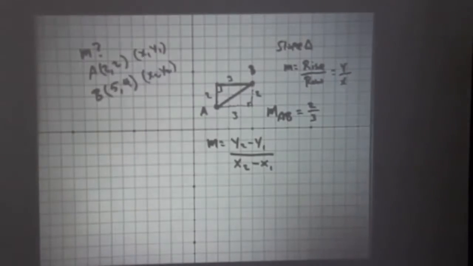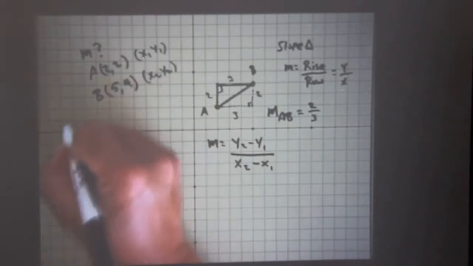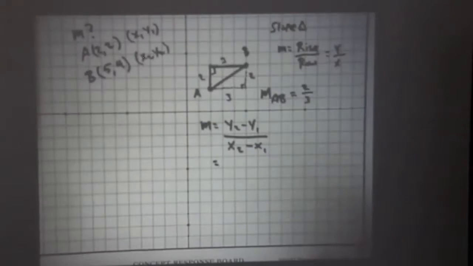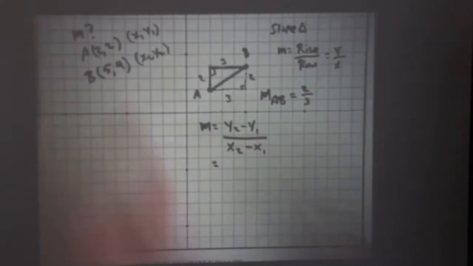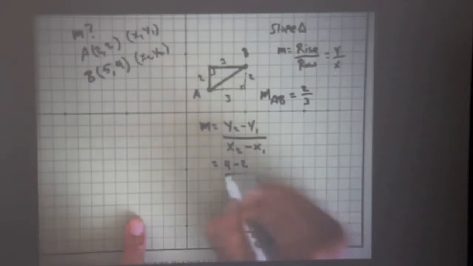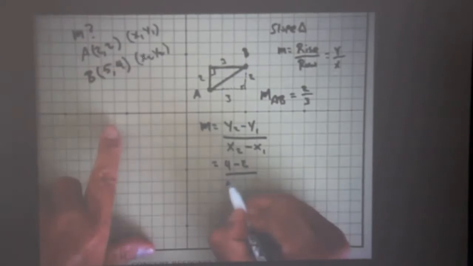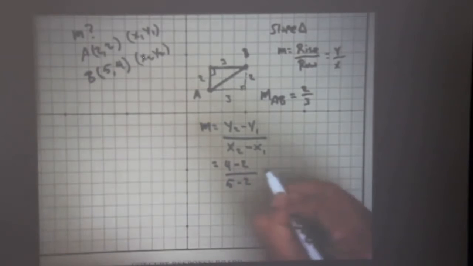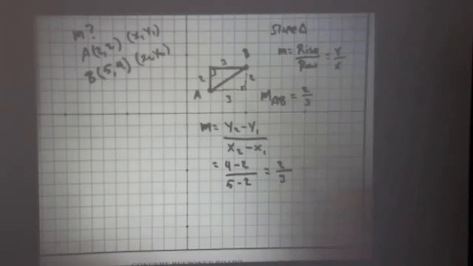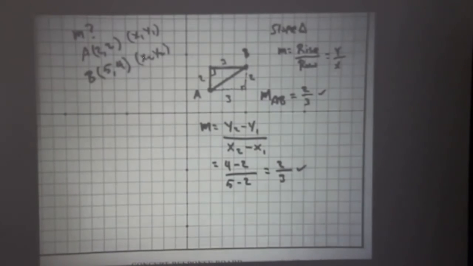And if I use my formula to calculate that, I'll write it over here. Well, the slope is y2 minus y1, so 4 minus 2 over x2 minus x1. x2 is 5 minus x1 is 2. We would get 4 minus 2 is 2 over 5 minus 2 is 3. And the slope is 2/3, which is the same thing I got on my slope triangle.